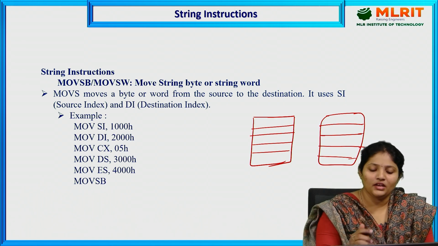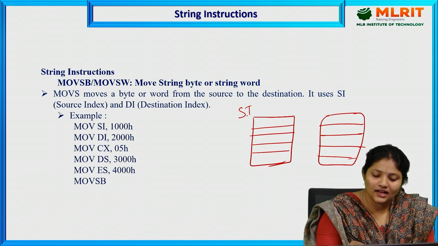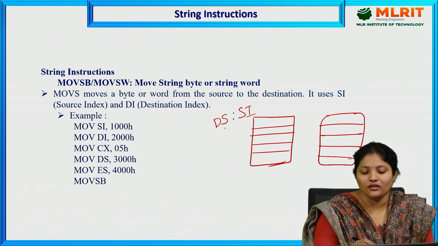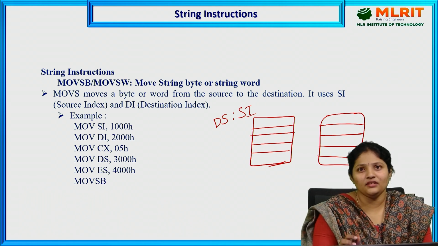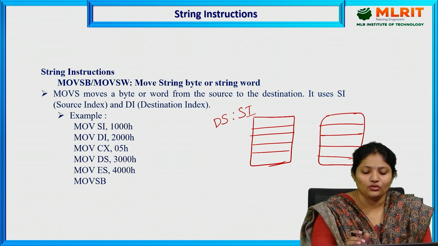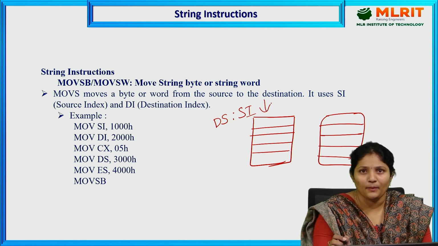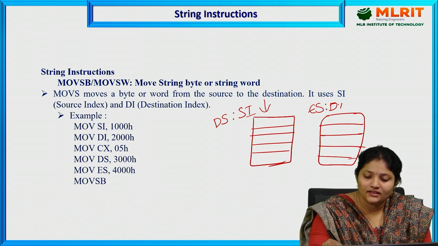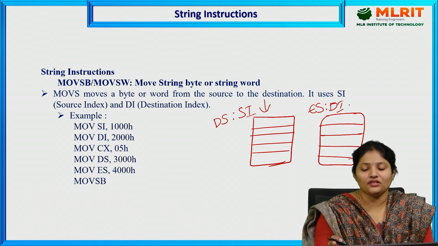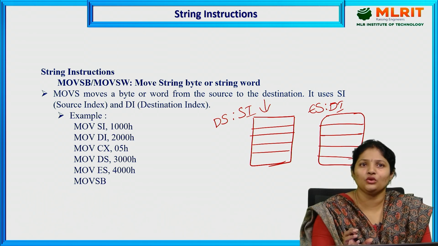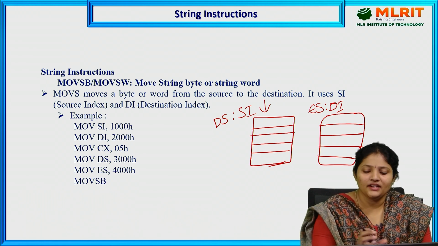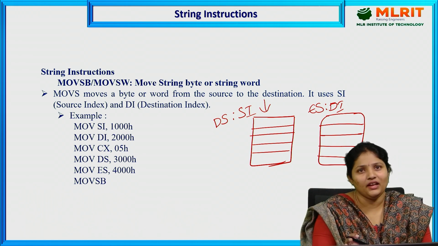One set of memory will be located by the DS, data segment register, to hold the segment address, and SI, source index register, to store the offset value to find the physical address of that particular memory location. And the second one will always use the extra segment register in combination with DI, destination index. So source index and destination index are the registers used to hold the offset value when using the data segment and extra segment respectively while using string instructions.